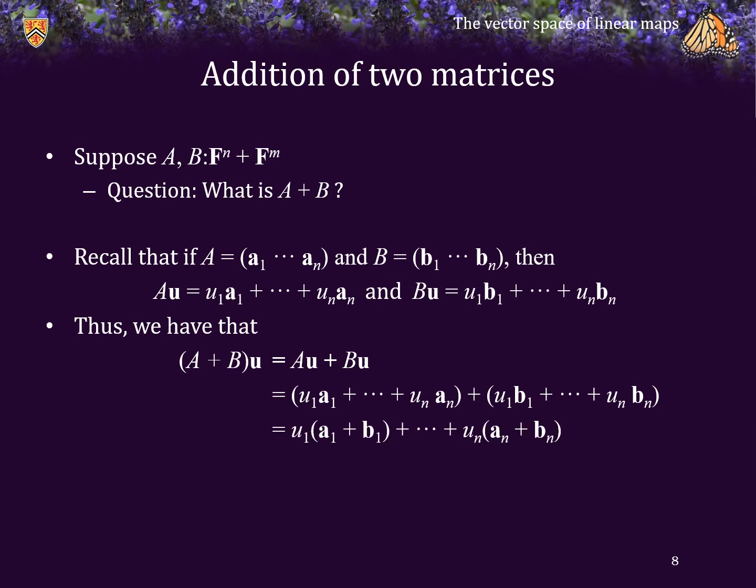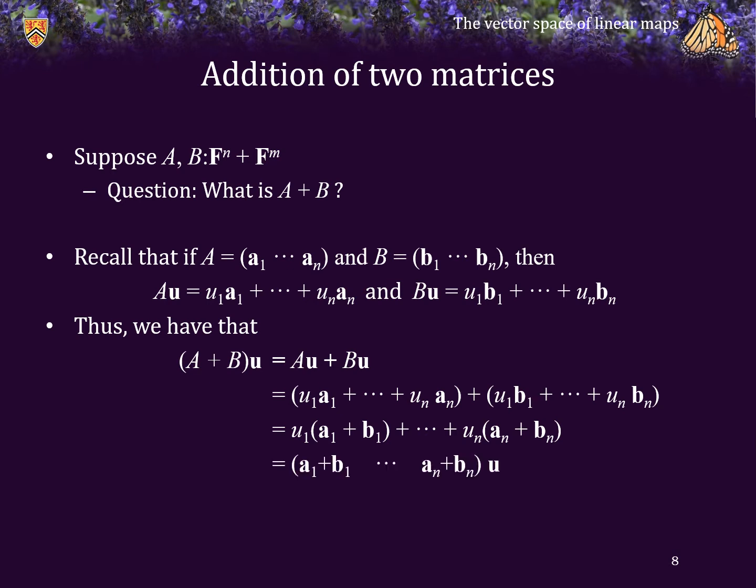We can then factor out those scalars and note what we have. We have u1 times the sum of two m-dimensional vectors, plus u2 times the sum of two m-dimensional vectors, all the way up to un times the sum of two m-dimensional vectors.